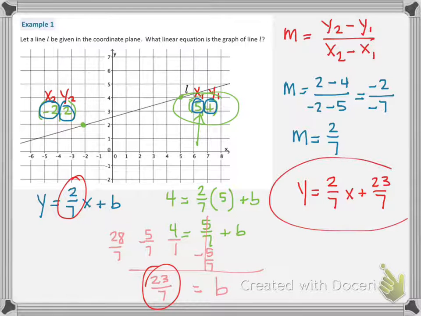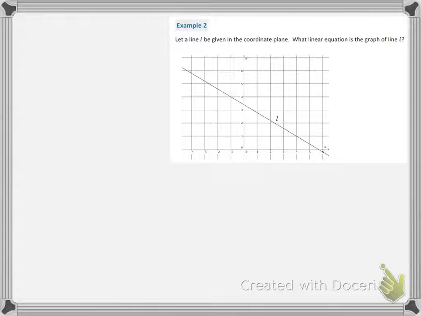And that is the equation of this line. All right, so we're using the points to calculate slope, and then we're using one of those ordered pairs to plug into our slope-intercept form of the equation and solve for y-intercept. Once I have the slope and the y-intercept, I can write the equation.